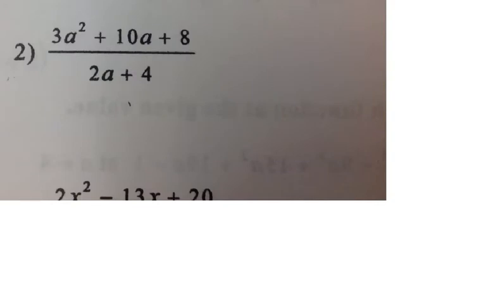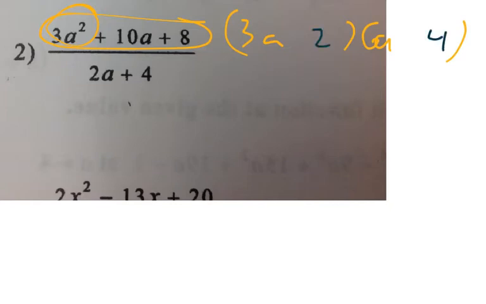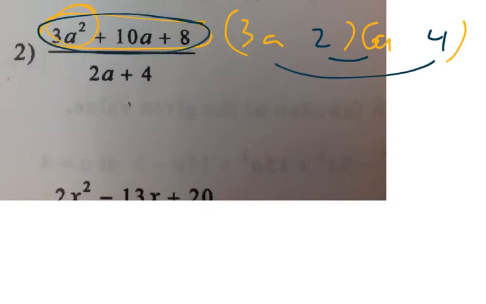The next one, number 2, I'm going to try to factor the numerator. Okay? So I'm going to do 3a times a to get 3a squared. 8 is 2 times 4, right? And as much as I try, I could try to combine those guys, but I'm never going to get that expression.